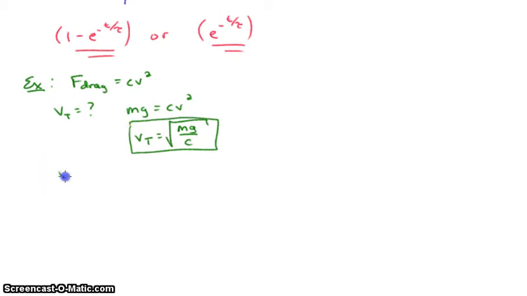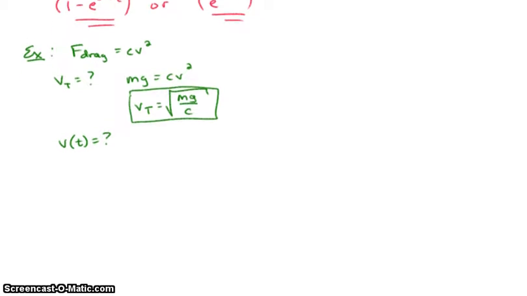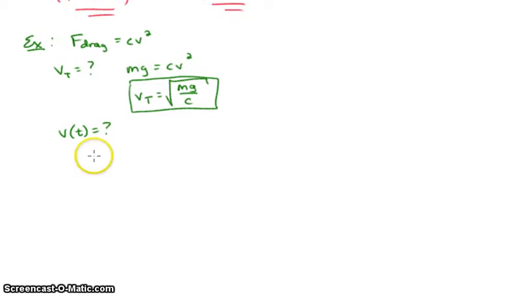But what about if I wanted velocity with respect to time? How does that change? What do I need to do to figure that out? Well, let's run it through real quick and see what happens, just for kicks. mg minus cv squared equals m dv/dt, Newton's second law. Let me see if I can start grouping things together here.